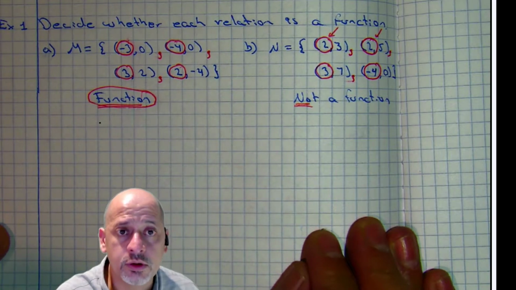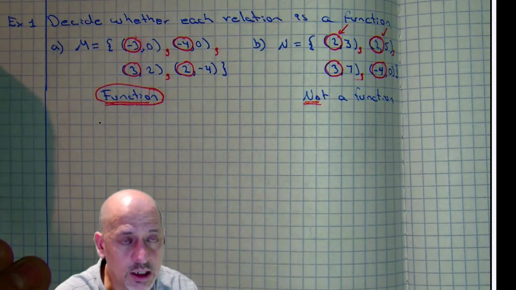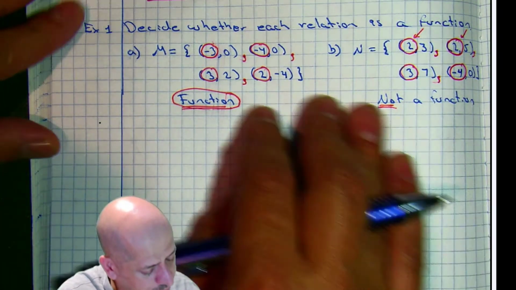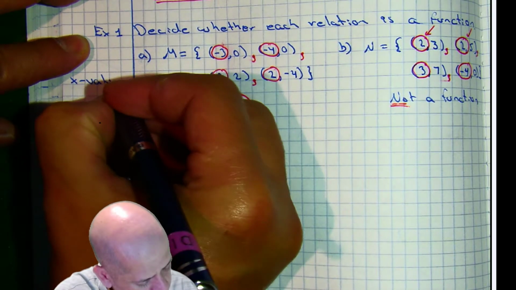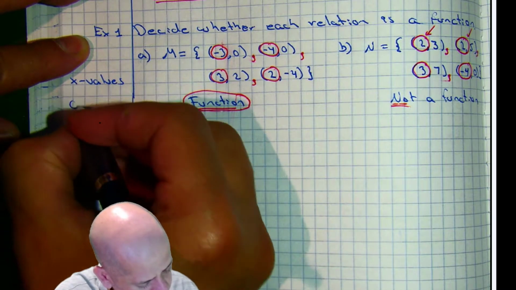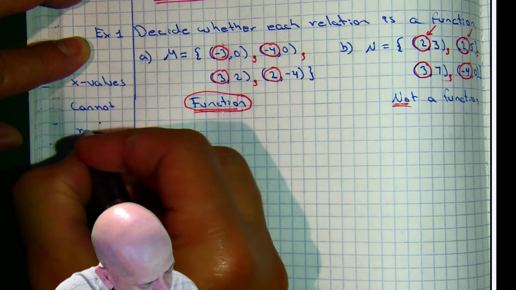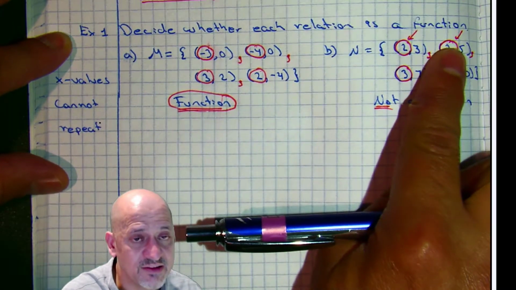And that is what we're doing today. So it's a very simple lesson. But on the left-hand side, we are going to write down: x values cannot repeat. Because if they do repeat, then that is not a function.